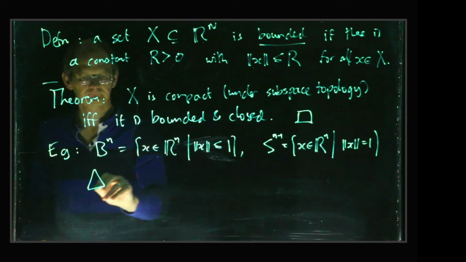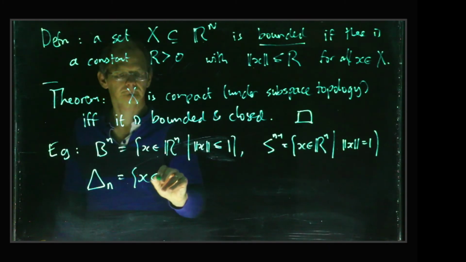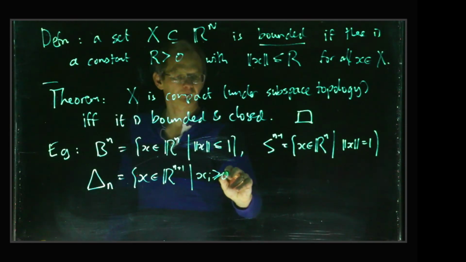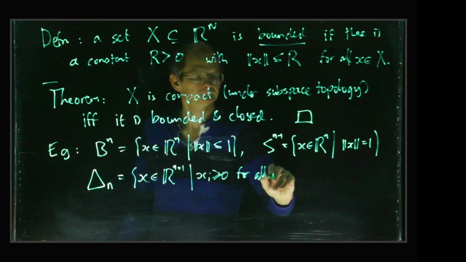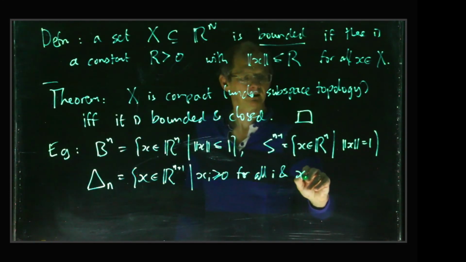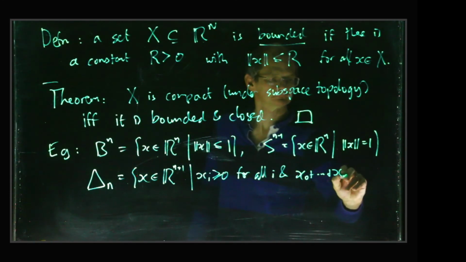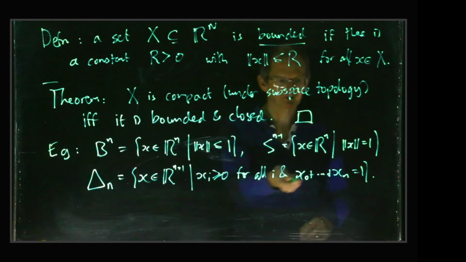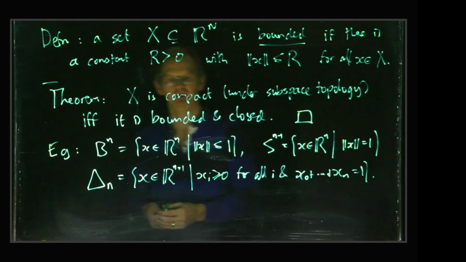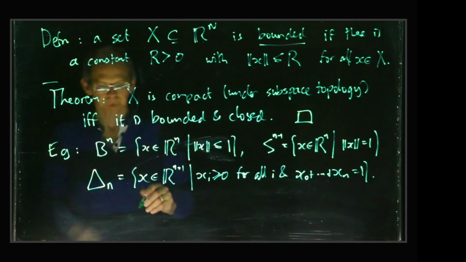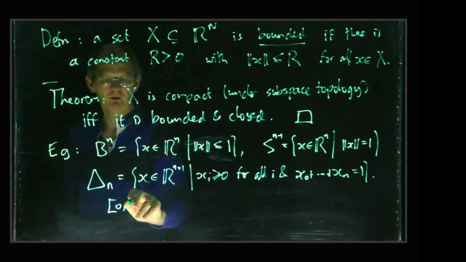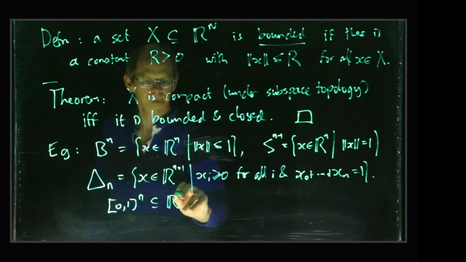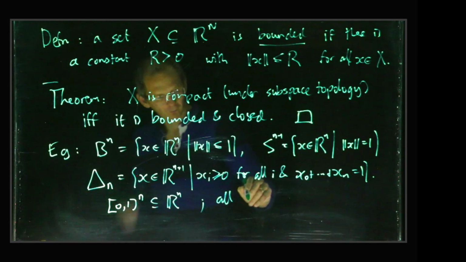Delta n is the set of x in R^(n+1) with xi greater than or equal to 0 for all i, and the sum of the xi's is equal to 1. So of course this implies that each of the xi's individually is less than or equal to 1, and that shows that it's bounded. And then you could look at the cube, [0,1]^n. So all these are compact.